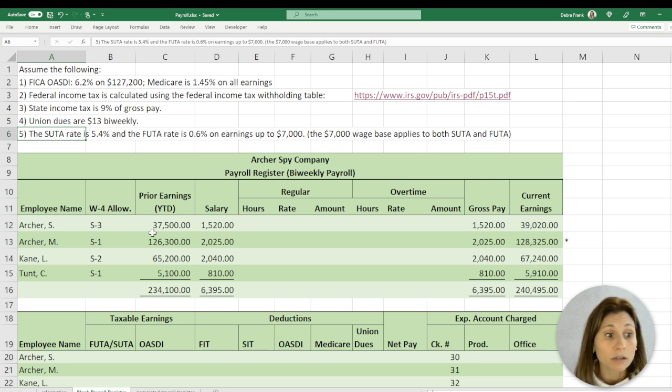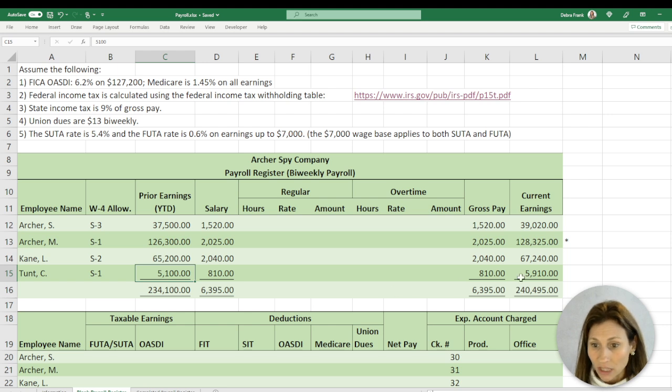Well, we can clearly see that all three of them, Archer S, Archer M, and Kane L, are all past that 7,000. But C Tunt is not, right? They're only at 5,100. They still haven't even gotten there with their current biweekly pay of 810, because they're only at 5,910.